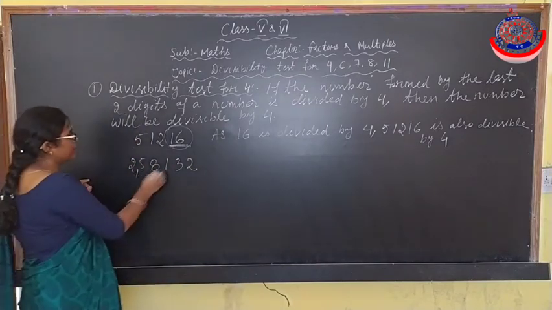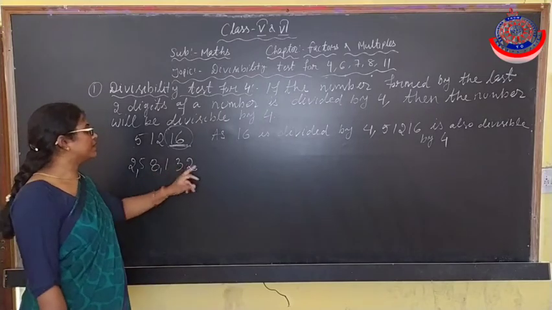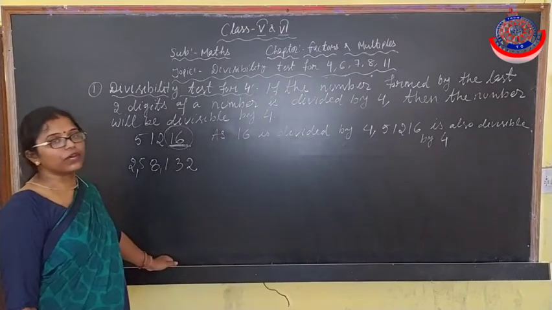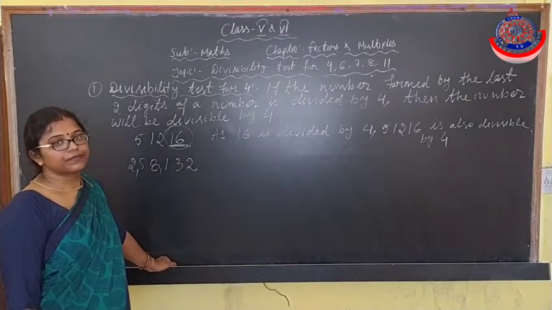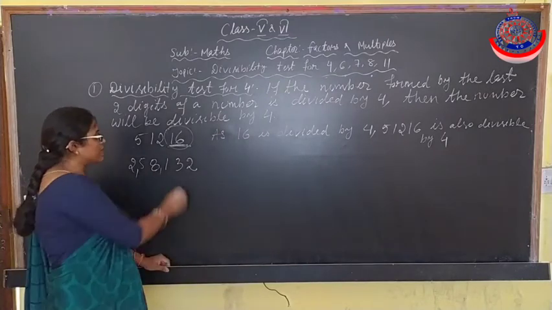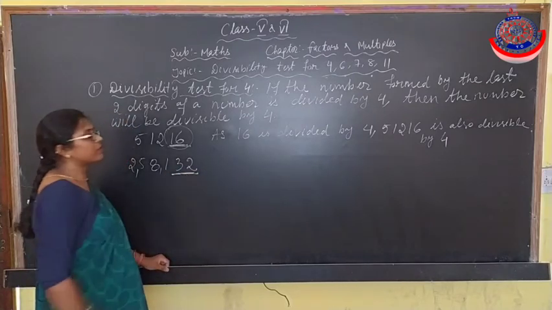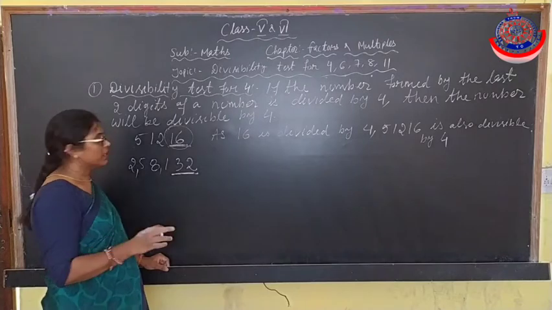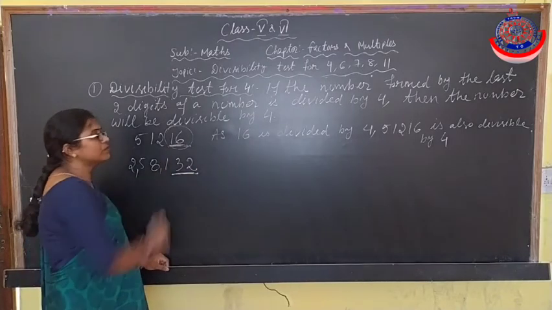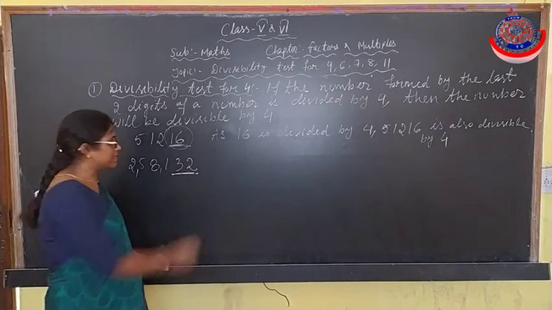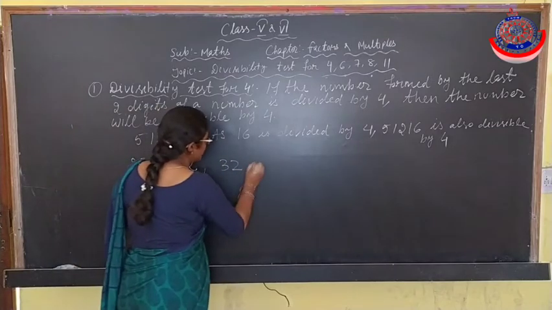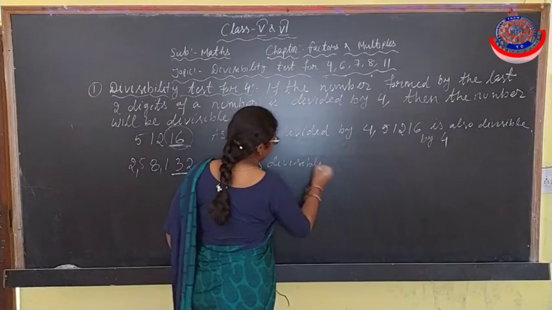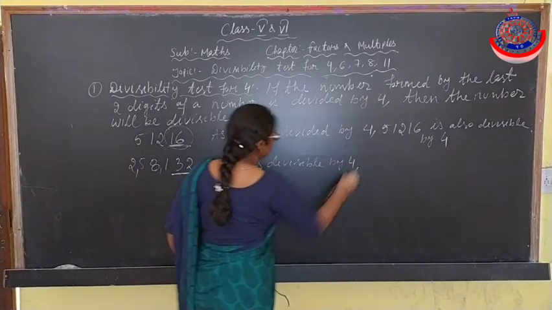2,58,132. Whether this number is divided by 4 or not. What is our rule? The last 2 digits. What is the number formed by the last 2 digits? 32. Is 32 divided by 4? Yes. 32 is divisible by 4.